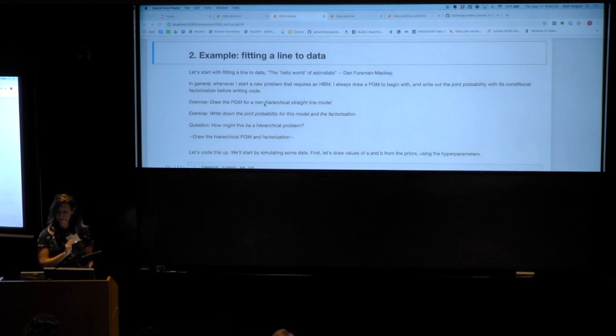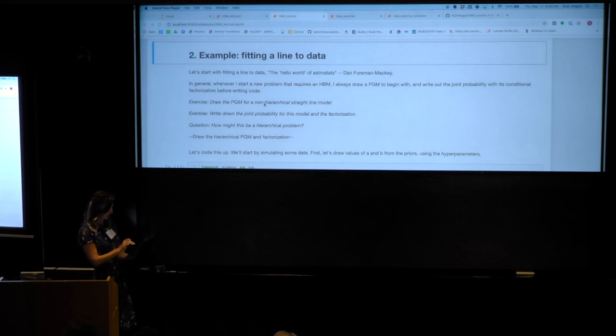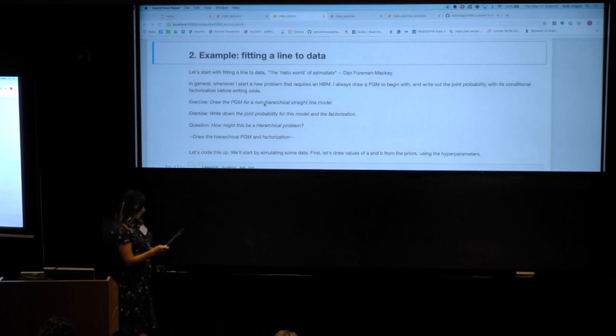Okay, so people have just about got the Jupyter Notebook up and open. It doesn't matter too much for now. You can follow along just looking at the screen here.